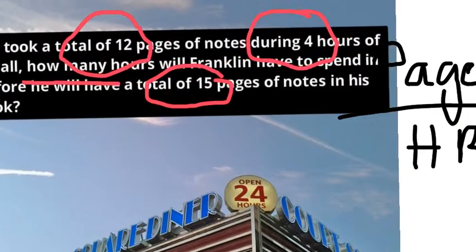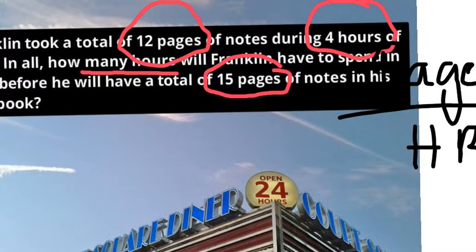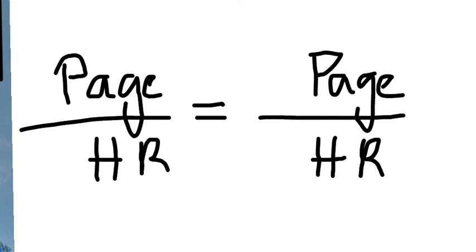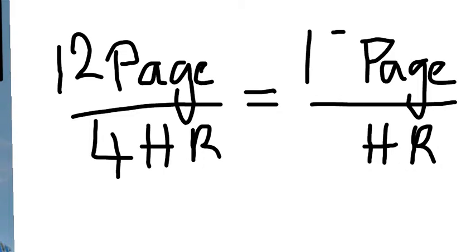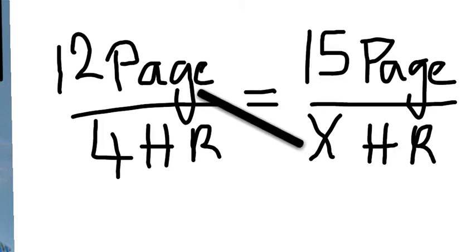So we have 12 pages in 4 hours, so I'm going to put 12 pages here, in 4 hours. And then the next one they gave me is 15 pages, but they asked how many hours will that take, so I'm going to call it X, because I don't know what that is. And guess what? I just set up my proportion, so I'm going to be very happy to do the cross multiplication.